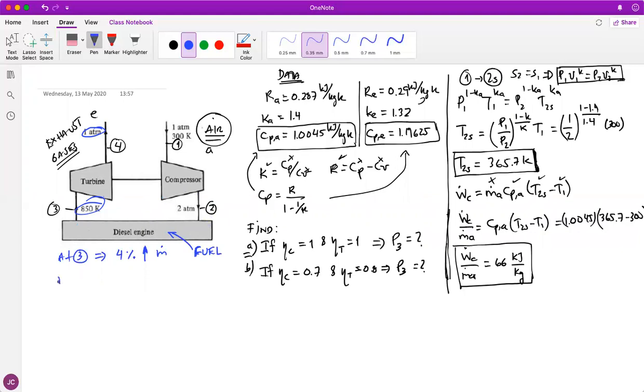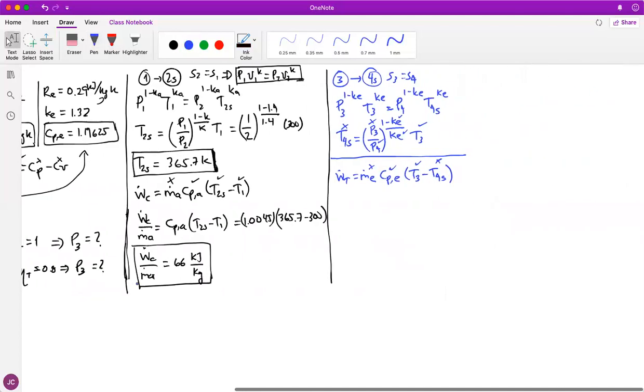So what I can write as an equation is that the mass flow of the exhaust gases is actually 1.04 times more than what I got at the beginning of the whole process. So this one is an important part of information, okay? Sorry, that was my bad.